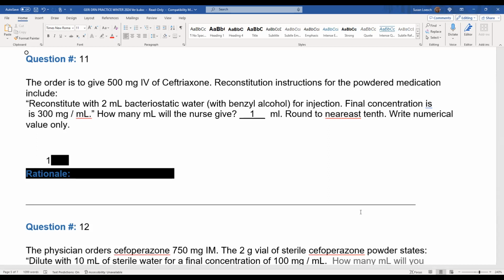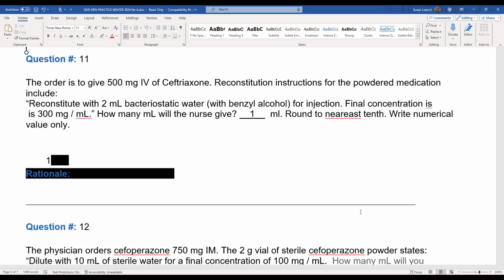The final concentration, the final solution on hand, is your final supply. So what is our final concentration here? 300 milligrams per mL. And then what's our desired dose? Because this is just desired over have. 500 milligrams. So you're just going to put one on top of the other. That's simple.